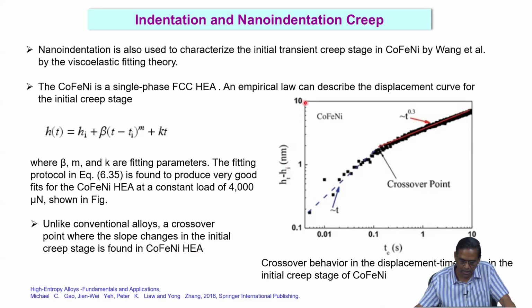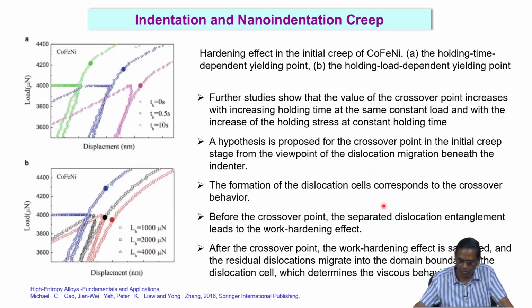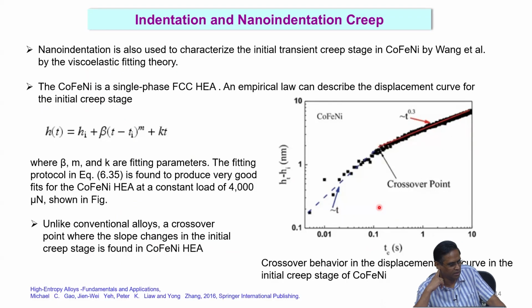What is it that you are seeing? Here it is h_t minus h_i, so height as a function of time, and then you have a crossover point. What is the significance of this crossover point? They are all material dependent, and the idea here is you are measuring the indentation depth as a function of time, how fast it goes.